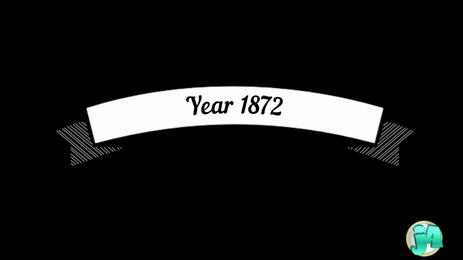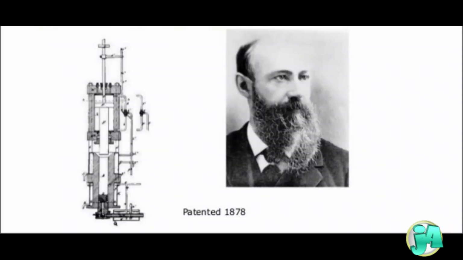By 1872, John Wesley Hyatt and his brother created and patented the first plastic injection molding machine. It was a relatively simple and basic machine compared to the modern machines used nowadays.